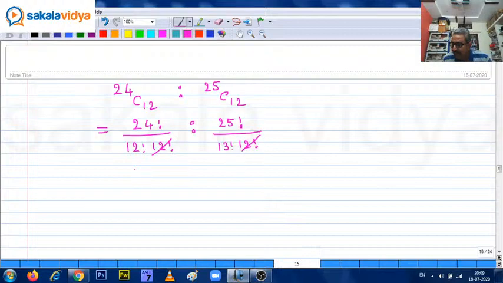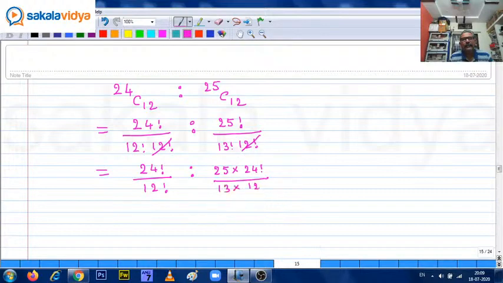So now 24 factorial upon 12 factorial is to 25 factorial, which we write as 25 multiplied by 24 factorial. Even 13 factorial can be written as 13 times 12 factorial.